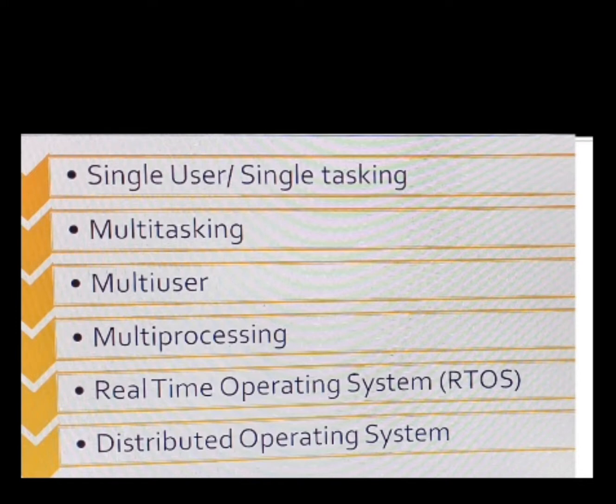And real-time operating system guarantees to work within a specified time limit. Last, we have distributed operating system. Distributed operating system is based on operating system which is carried out on more than one machine in a cooperative manner. In this operating system, computers communicate with one another through various networks, and a group of linked computers working cooperatively on tasks is referred to as a distributed operating system.